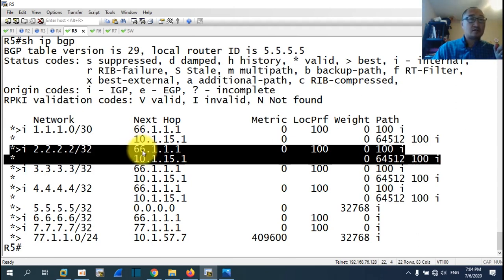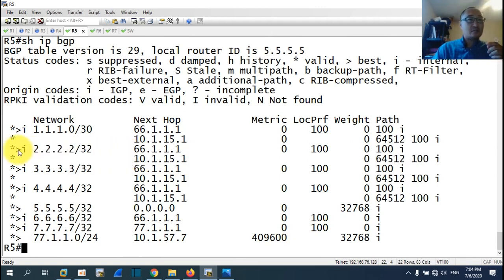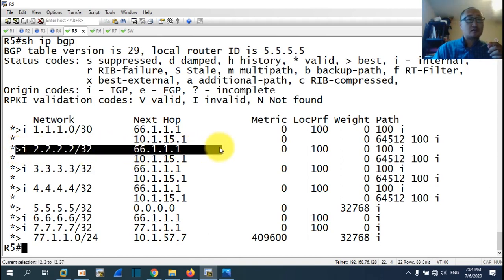One next hop is 66, blah, blah, and the next one is 10.1.15.1, right? So there are two routes. Who's best? Over here, BGP chooses the first one as the best route.